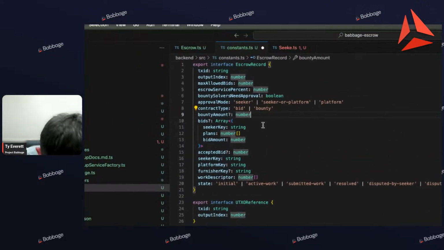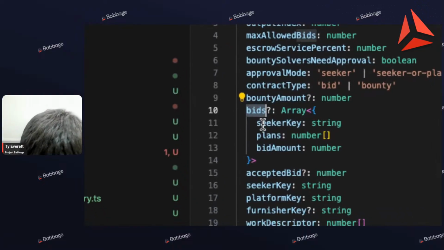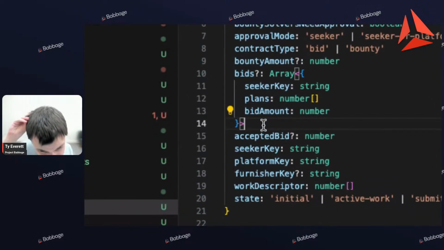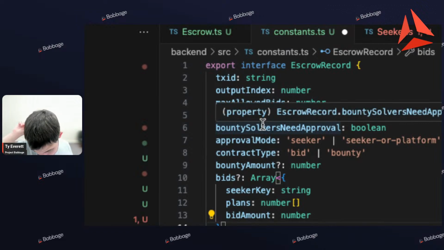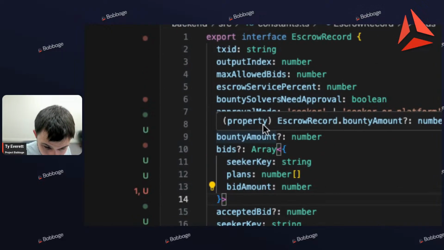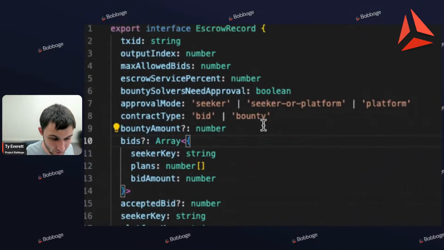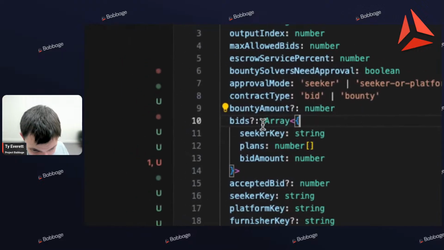So bids can apply then to both bounty type and non-bounty type contracts.